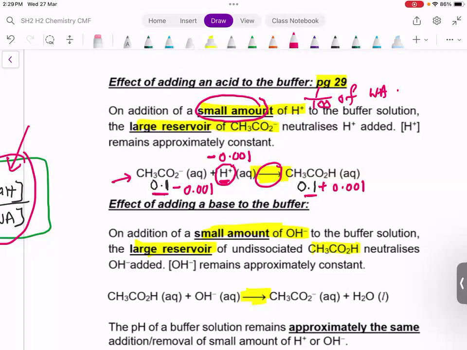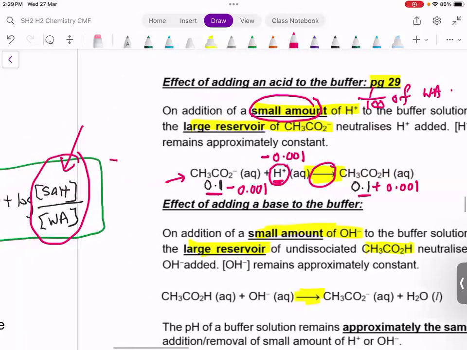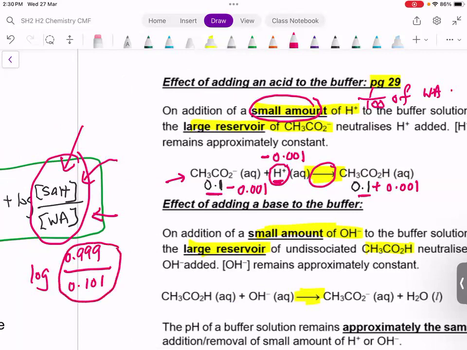All right. So how do you calculate the fraction now? When you substitute it back, what happens? In the logarithm, the salt becomes 0.999, while the weak acid becomes 0.101. Do you see that there is an adjustment in the fraction? When the fraction is adjusted, is your pH value affected? Yes, it does.